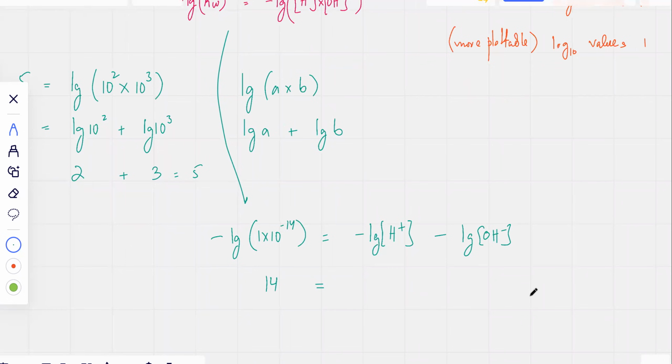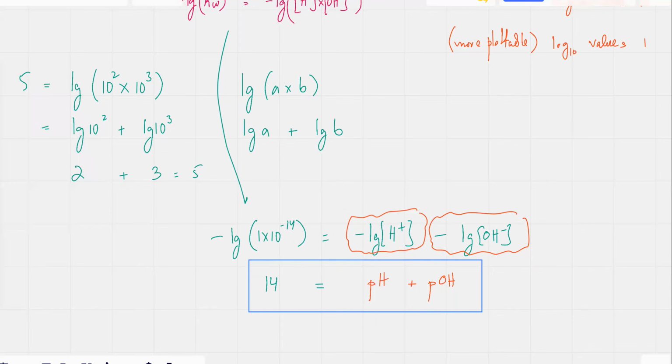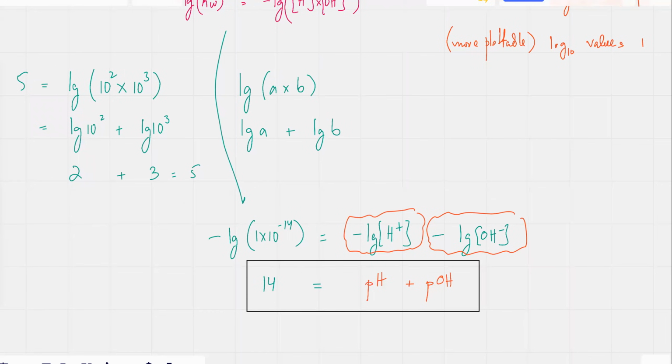This thing over here, the one that I'm marking, is known as your pH. And this thing, minus log of OH minus 1, is known as your pOH. And this is the expression that you're going to get: pH plus pOH is equal to 14. What does P stand for?